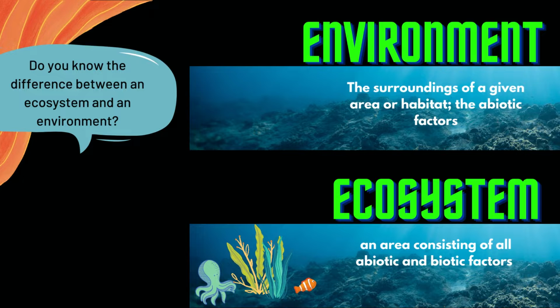So, do you know the difference between an ecosystem and an environment? The environment is the surroundings of a given area or habitat. This is all of the abiotic factors, such as rocks, water, salinity, sunlight, temperature, where an ecosystem is an area consisting of all the abiotic and biotic factors together.